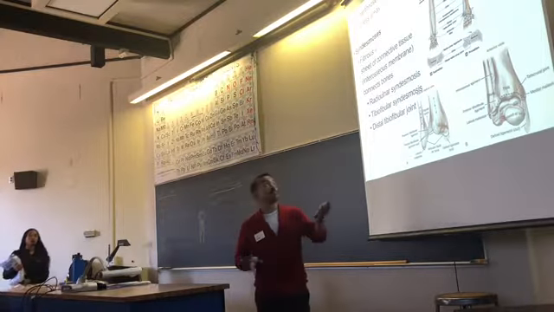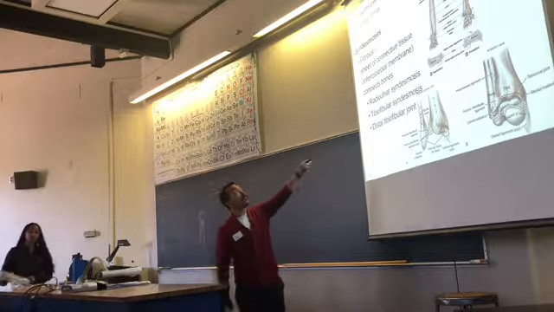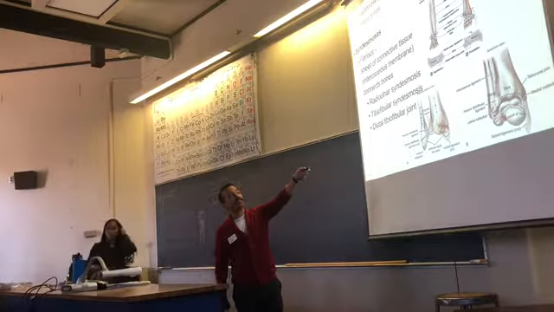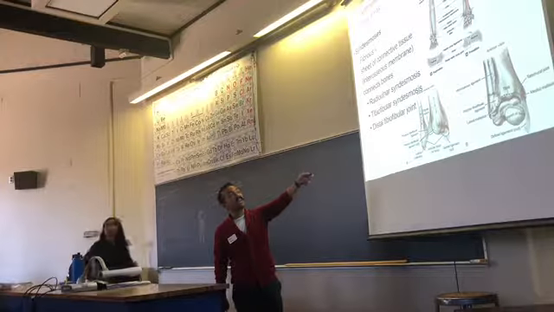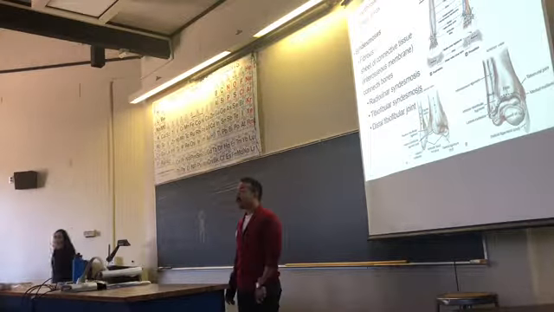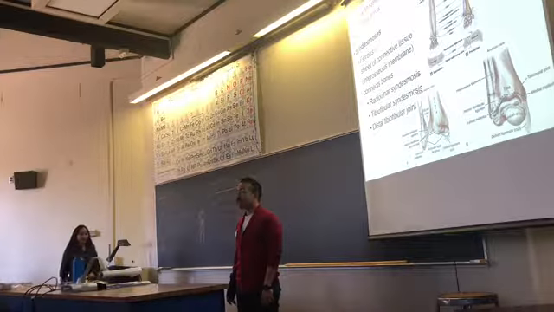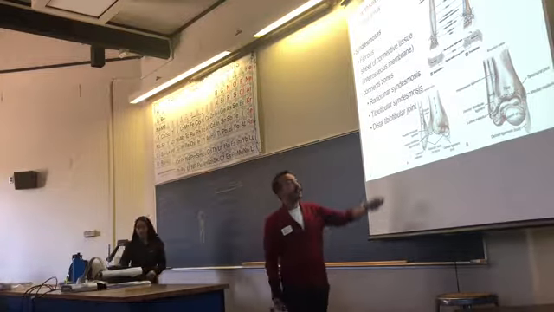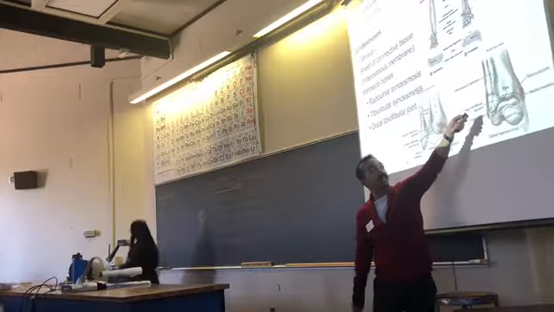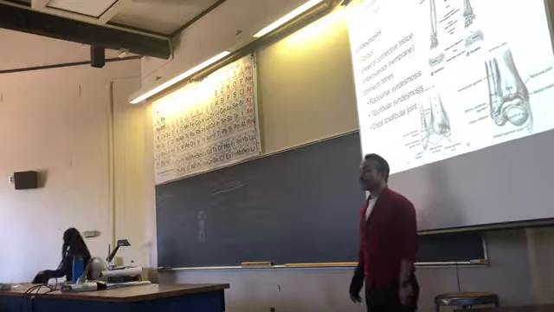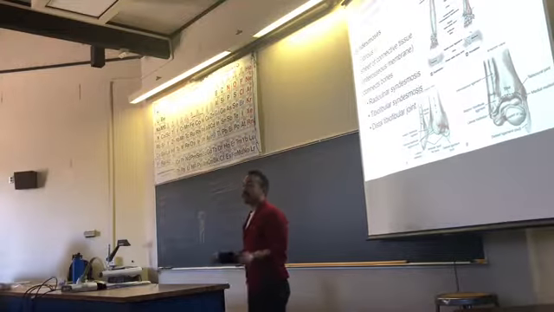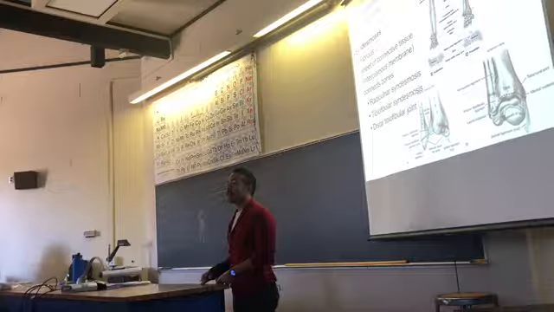So in the syndesmosis, these two bones, like your radius and ulna, are held together by a sheet, an interosseous membrane. They're not directly connected, but there is a sheet of ligament holding the two bones together.